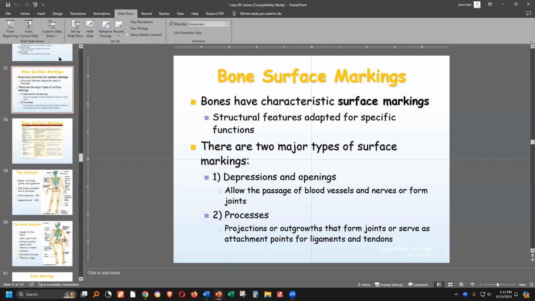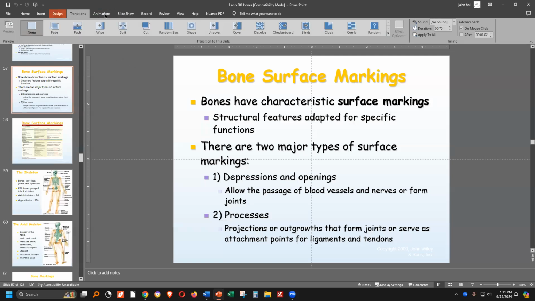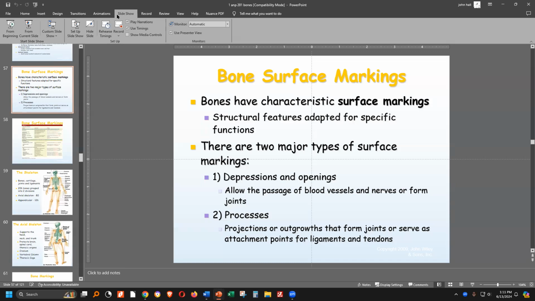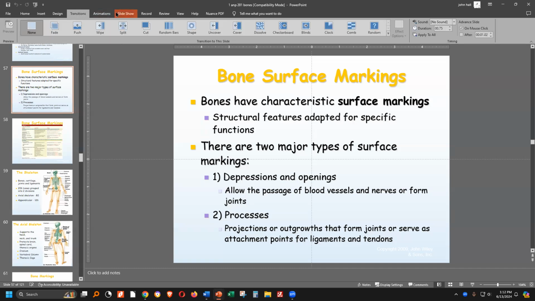When you look at the surface of a bone, it is not a cylinder, right? There are parts that are narrow, parts that are wide. Sometimes you have indentations. Sometimes you have grooves, etc., right? So the surface of a bone is much more intricate than that of a flat cylinder.